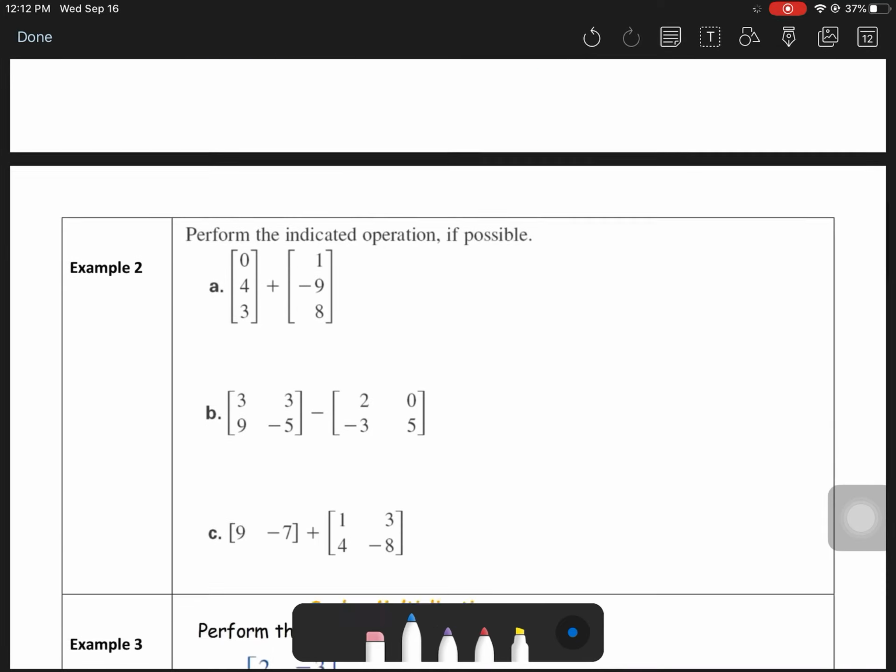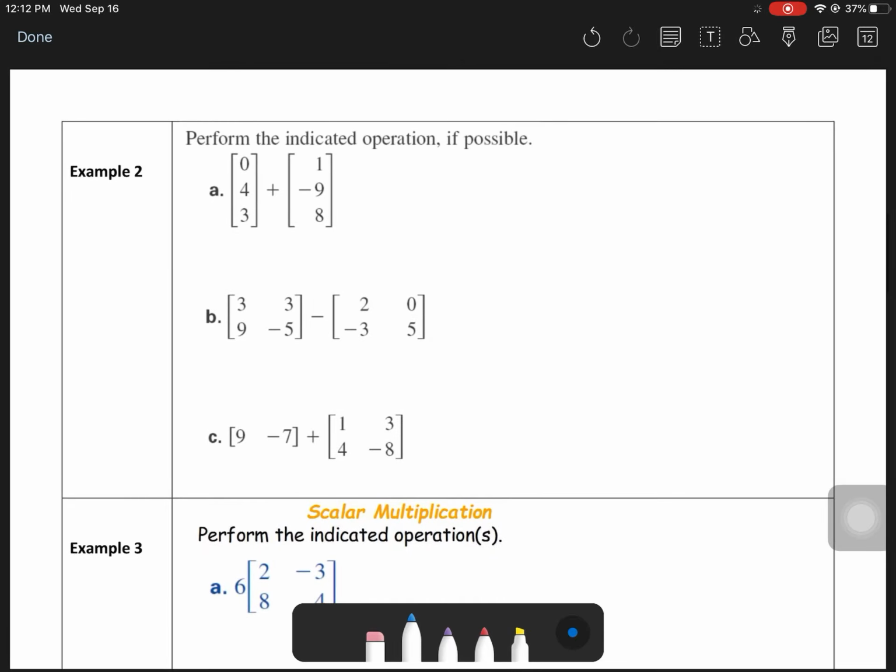We are going to talk about how we do basic operations with matrices. The first is how we add matrices. When we add matrices together, they must be the exact same size. This first matrix has 3 rows and 1 column, and this matrix has 3 rows and 1 column, so they are the same size.